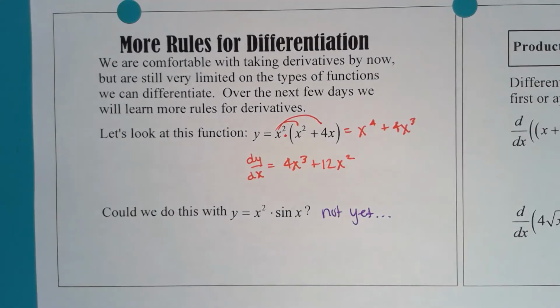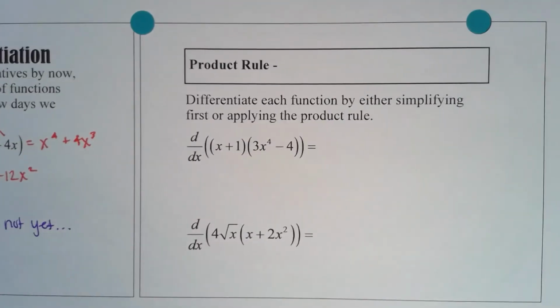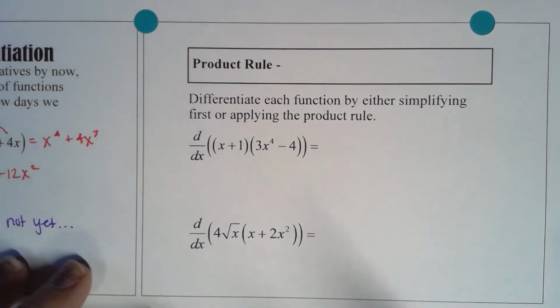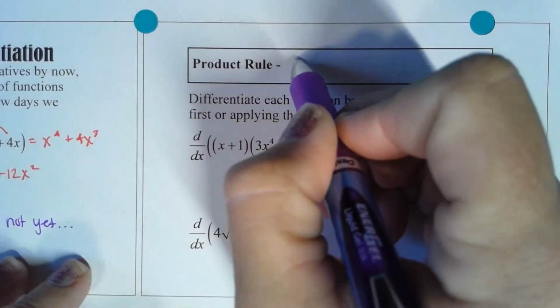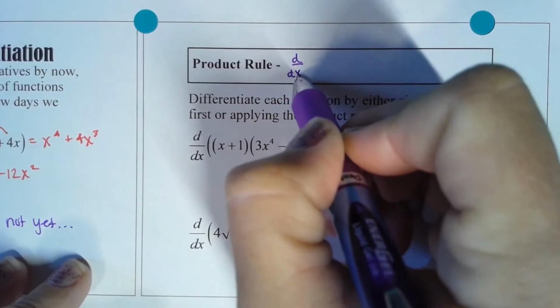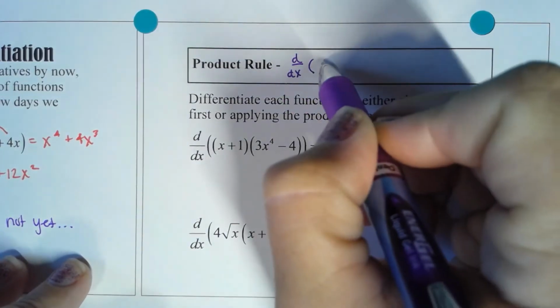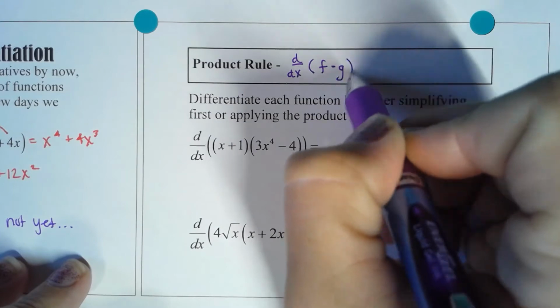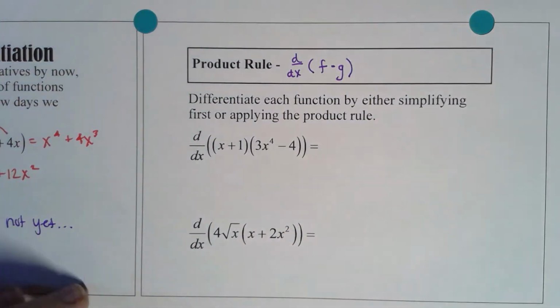So this kind of leads us into saying we need a rule to deal with products. It is called the product rule. All right, so let's write this rule down. The product rule says, how do we take the derivative of a function f times g? I'm not even going to put the of x in there, it's a little cumbersome.